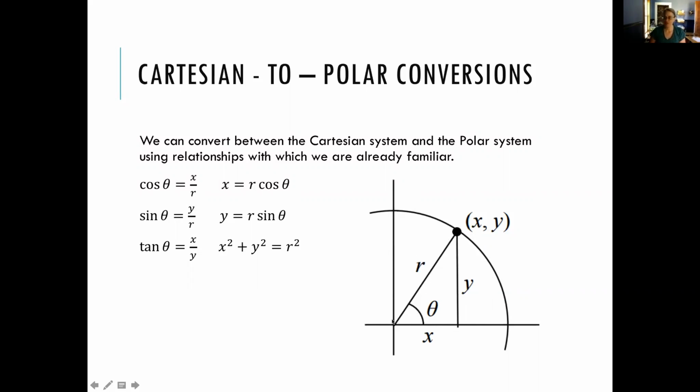We've seen this before. This is how we defined our trigonometric relationships to begin with. Now we're just realizing that if I'm going to talk about how a point moves around a circle, I can talk about this in terms of the radius of the circle and the angle of inclination. And these are our basic relations.